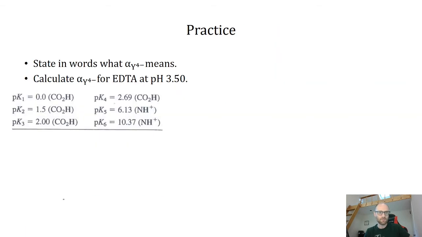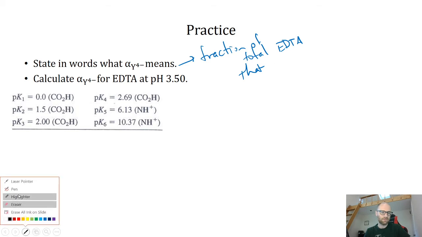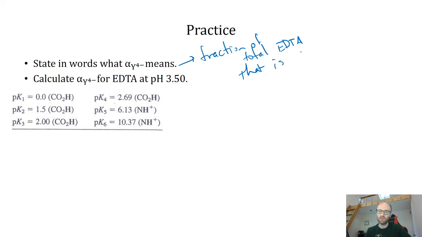But I'm going to give you some practice. Alpha Y4 minus is the fraction of total EDTA that is fully deprotonated.